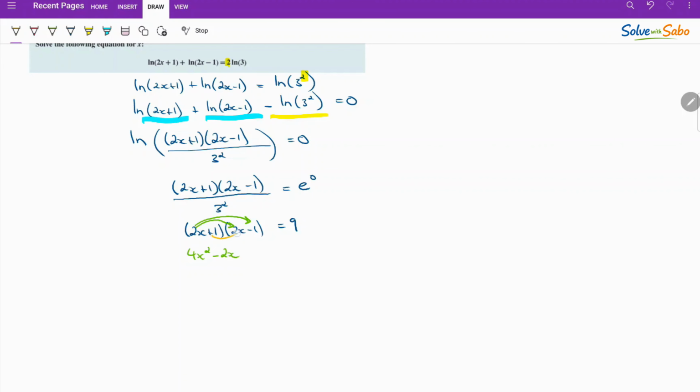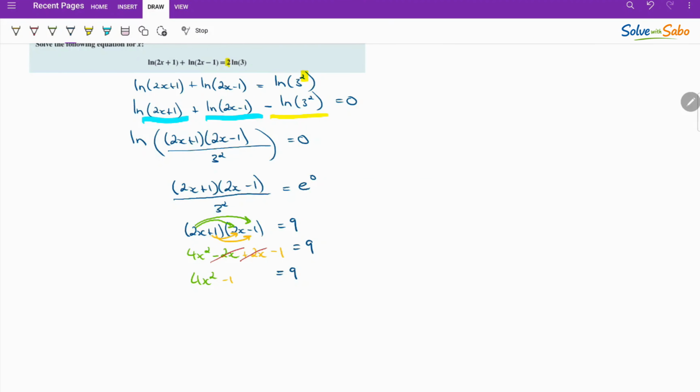On the bottom, 1 times 2x, 1 times negative 1, so I'm going to have plus 2x, and then I'm going to have take 1, and that is still equal to 9. This 2x and this 2x is going to cancel out, and I'm going to have 4x squared take 1 equals 9.